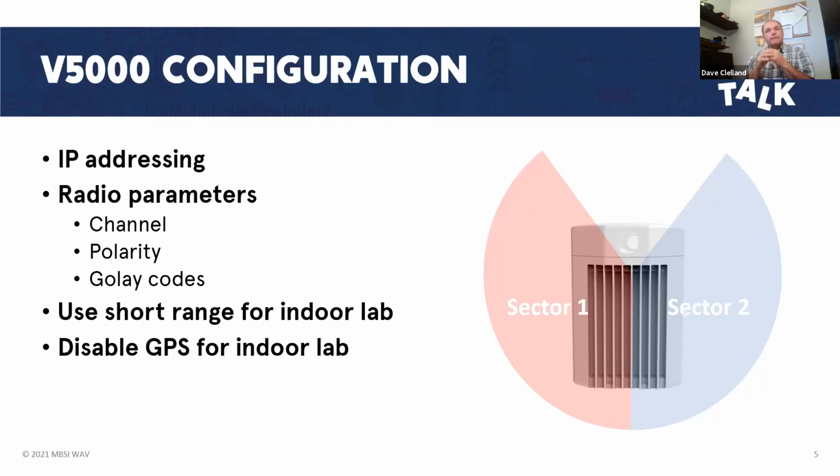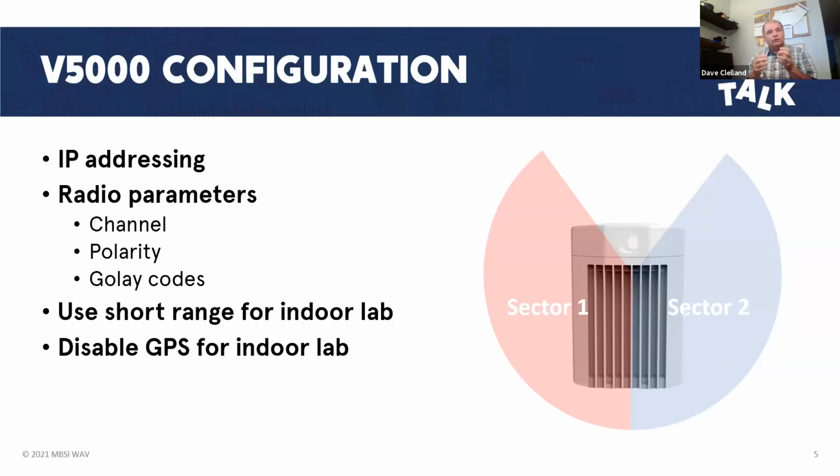The way the cnWave behaves is that when the Golay code is correct on the signal that it's receiving, in other words, my Golay code for my receiver is 1 and my Golay code coming from the transmitter side is 1, this is my data, and I'm going to decode it.